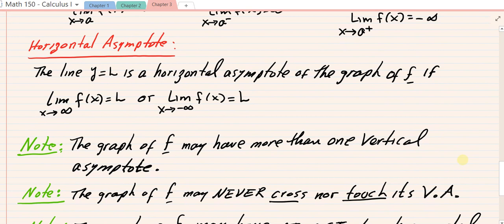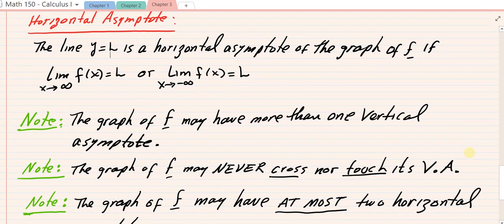The next note is that the graph of the function may never cross nor touch its vertical asymptote. Because if it does, then at that point the function is defined, right? If at a it is going to have a value, it cannot be undefined, which is infinity or negative infinity. So for that reason, the graph will never ever cross nor touch the vertical asymptote.